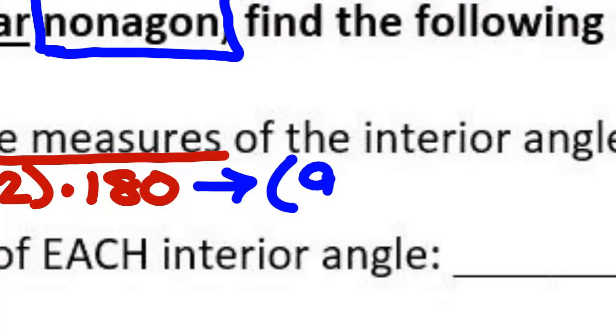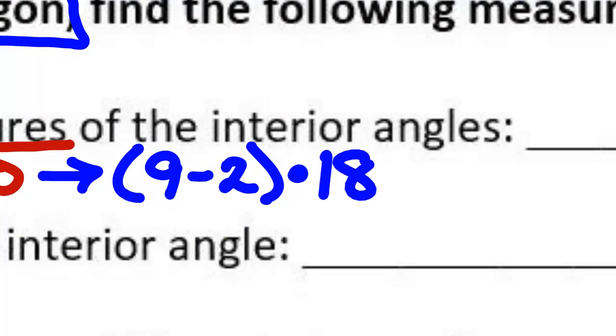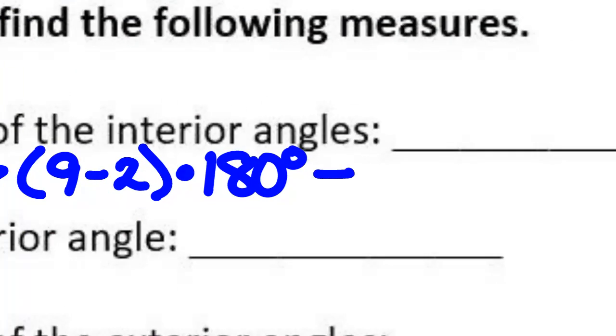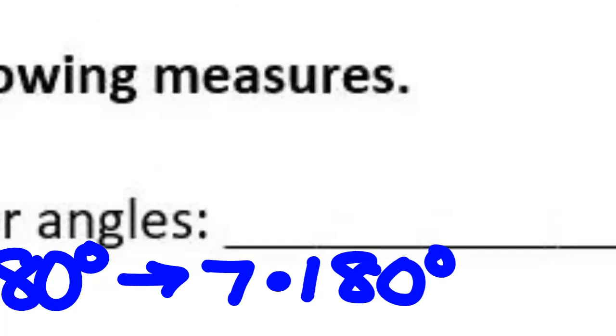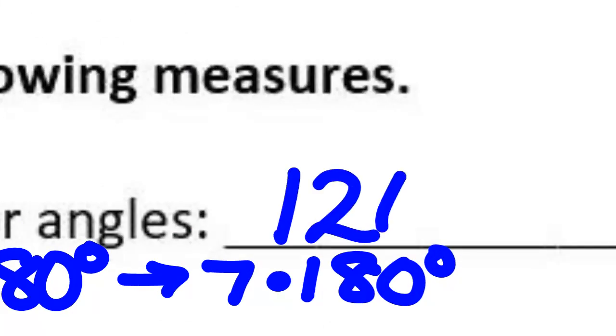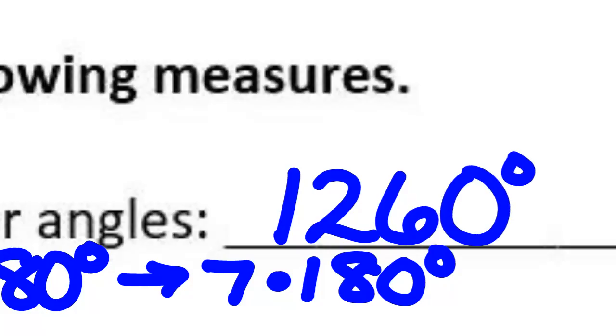So I would have 9 minus 2 times 180. What is 9 minus 2? 7. 7 times 180. That's okay, it happens to the best of us. 1,260. So 1,260 degrees would be the sum of the interior angle measures of this regular nonagon.